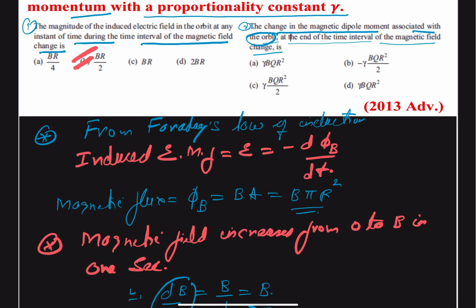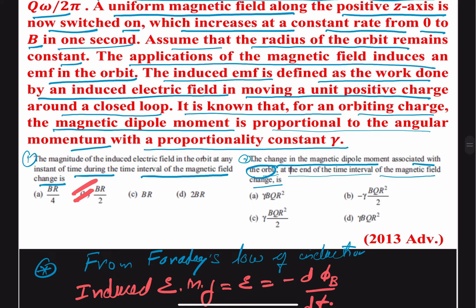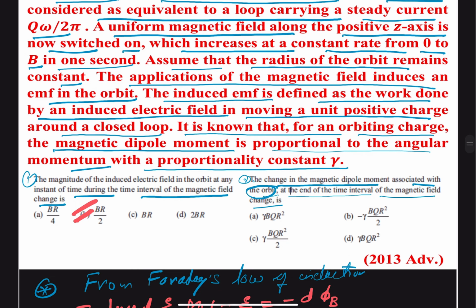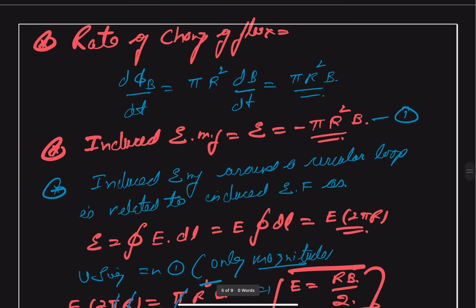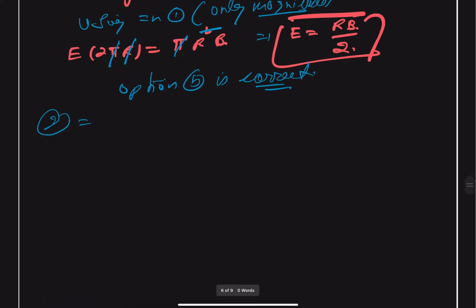Angular velocity is given, and the most important part is that the current equivalent is represented as q omega divided by 2 pi. So we can say that I is equal to q omega upon 2 pi.